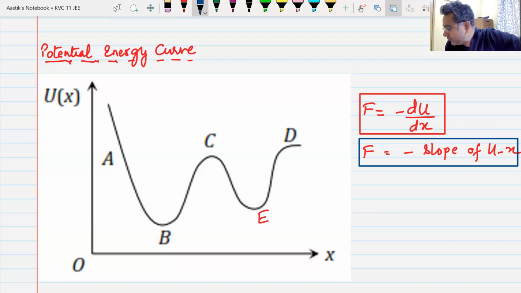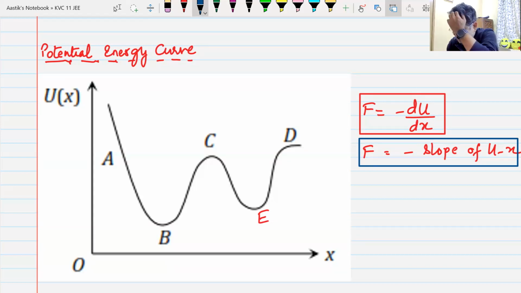Therefore, force is the negative slope of this curve. Negative of the slope is force. Do we understand this? Yes or no?